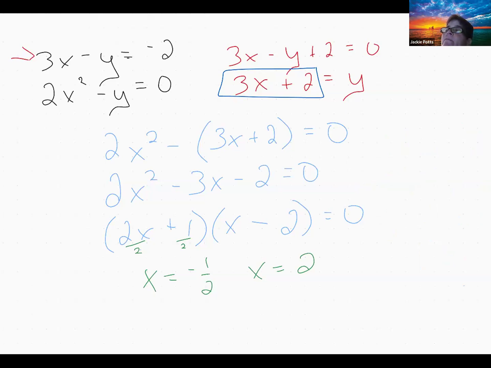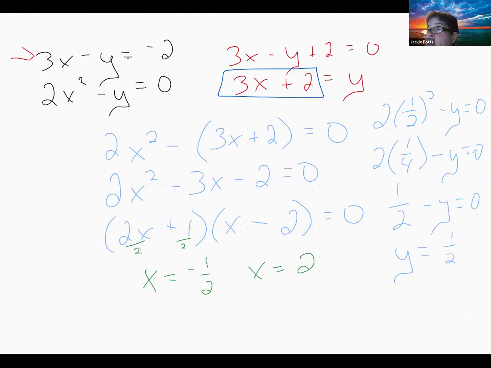Y. So negative 1/2 squared gives me 1/4. 2 times 1/4 is, move the y over. So we get negative 1/2, 1/2 for my 1 point. We repeat this.